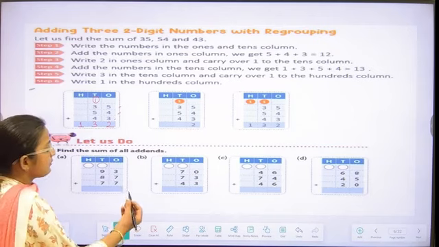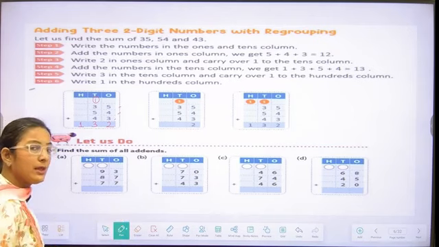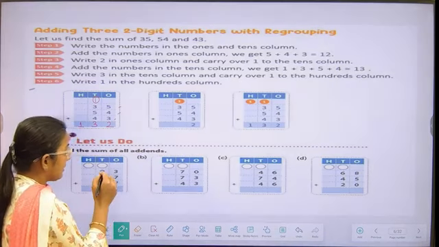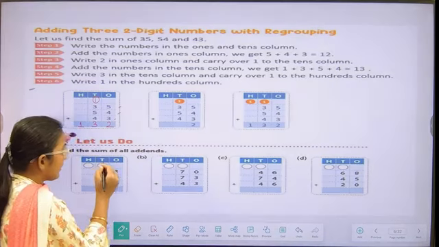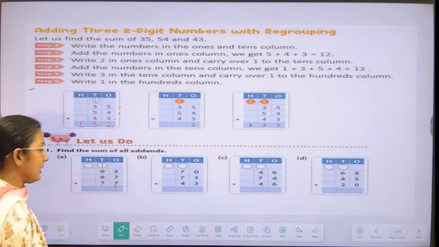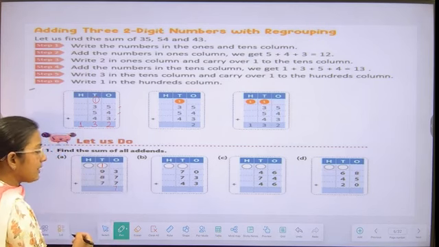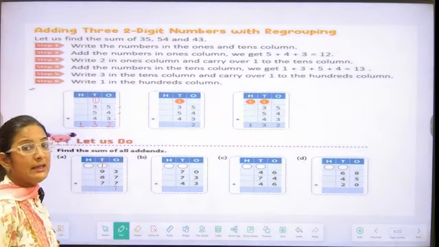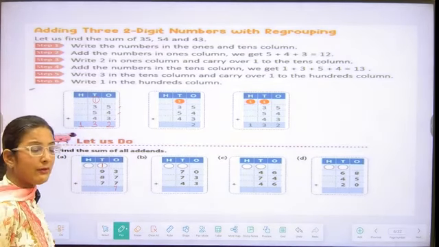Let's do one question with me. In this, 3 and 7 will make 10, and 10 and 7 will make 17. So 1 is carried over and 7 is written at the ones place value. Now 9 and 1 will make 10, 10 and 8 will make 18, 18 and 7 will make 25.